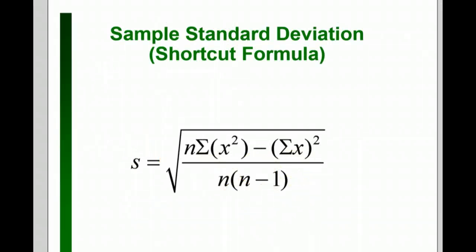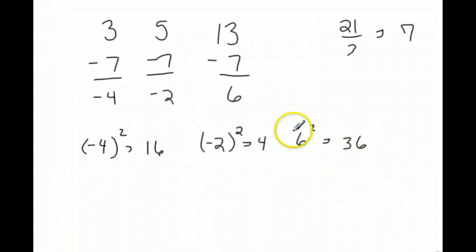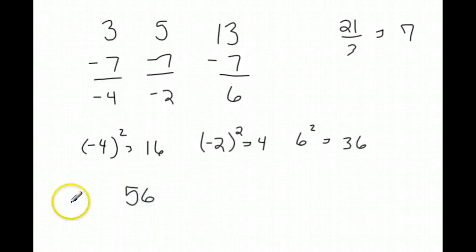And after I've squared all the values, I add them up. So 16 and 4 is 20, plus 36 is 56. So I add all of those three squared deviations up, I get 56.